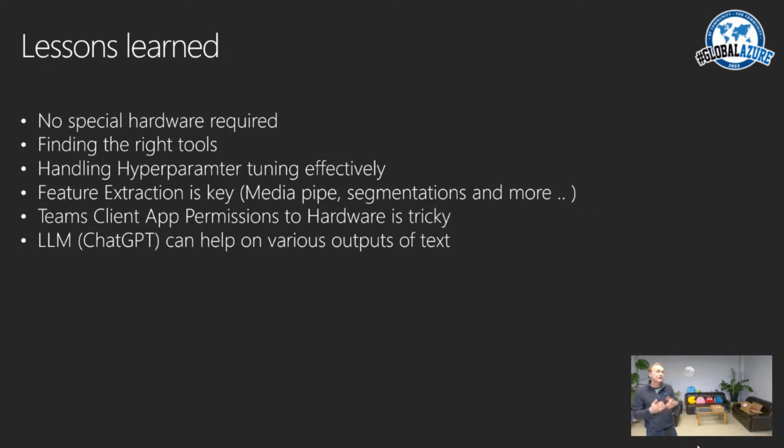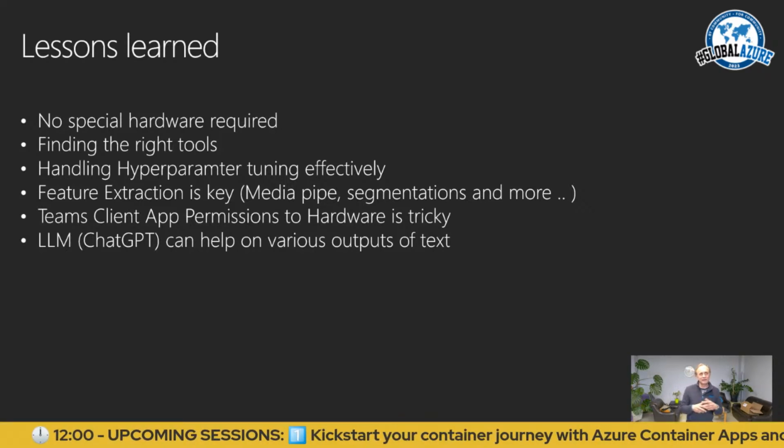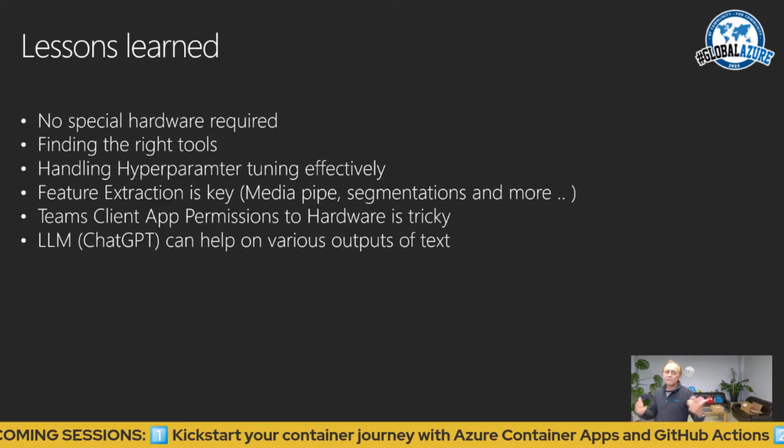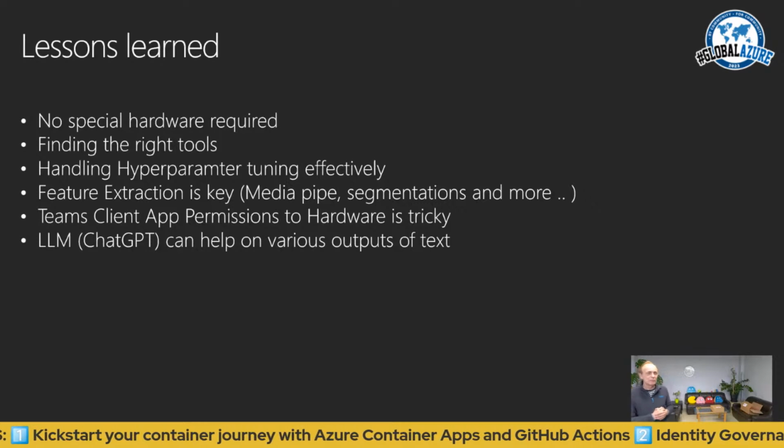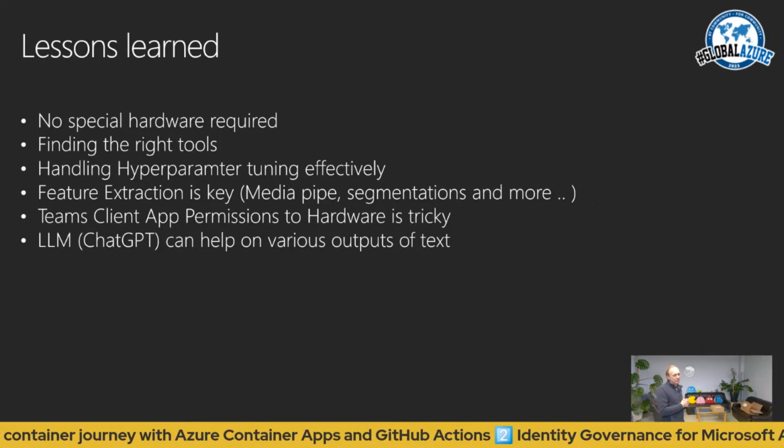Feature extraction is very important, because if you have the wrong data which you're providing to your model, or you're training your model with insufficient data, or data which does not give you a good recognition, then your model will never work very well.